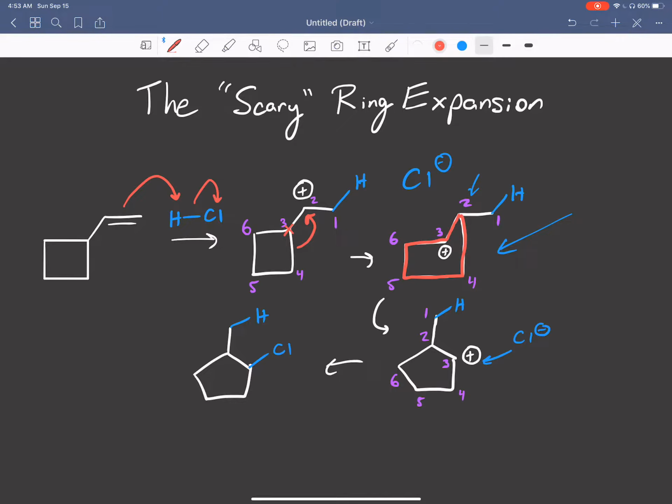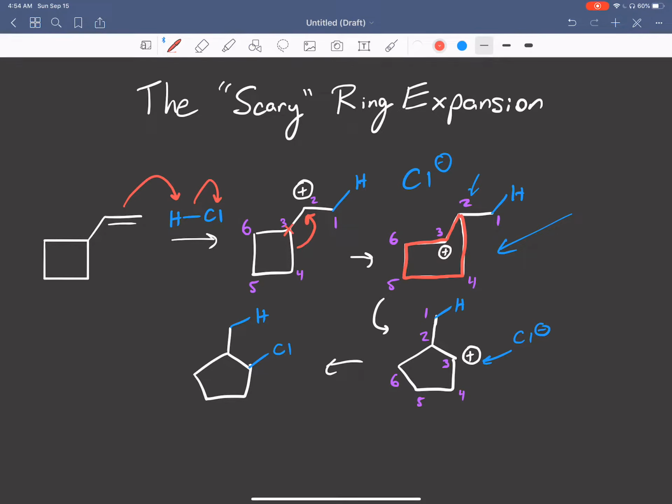There's a lot of ring strain for them. And so when we get to a 5-membered ring, we alleviate a lot of that strain. So the overall transition of the first carbocation molecule to the second is more stable now. It's much more favorable, and that's why it occurs, even though the substitution is the same.